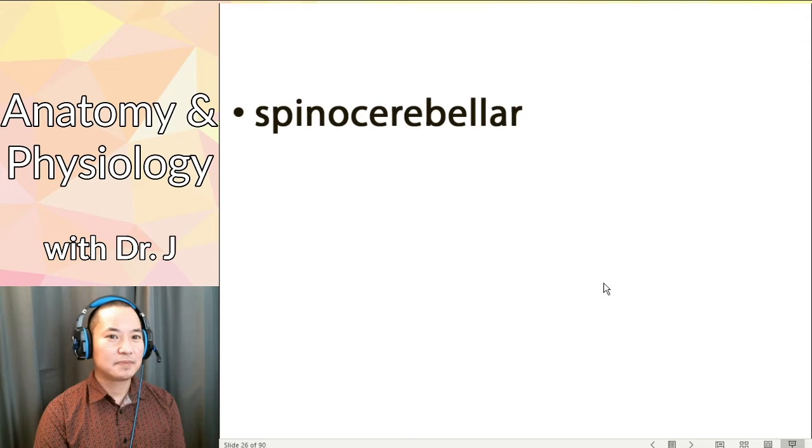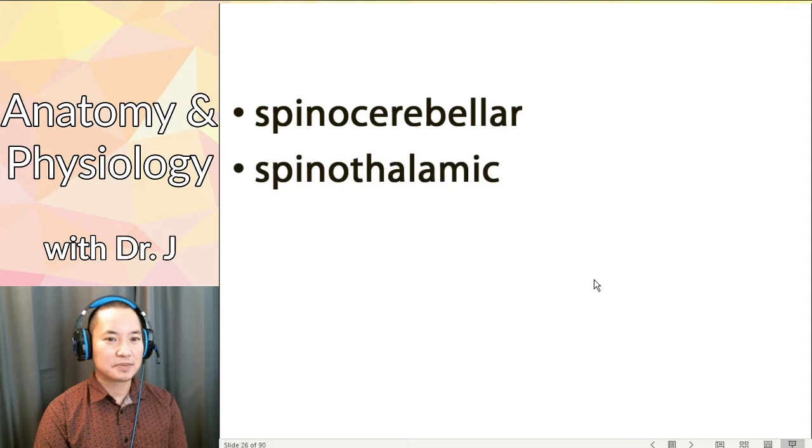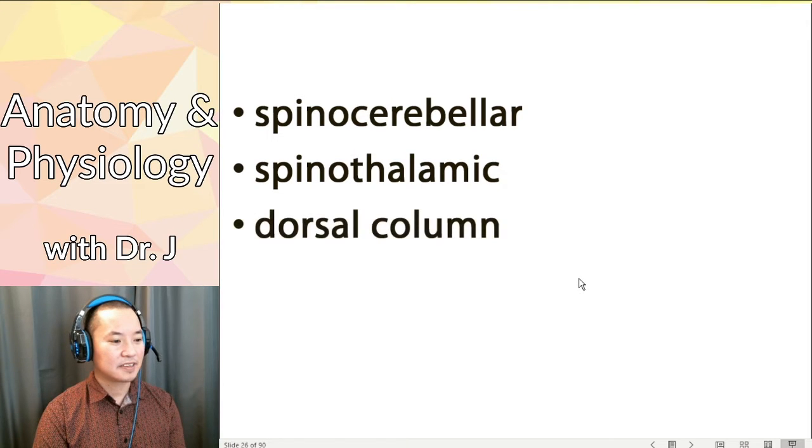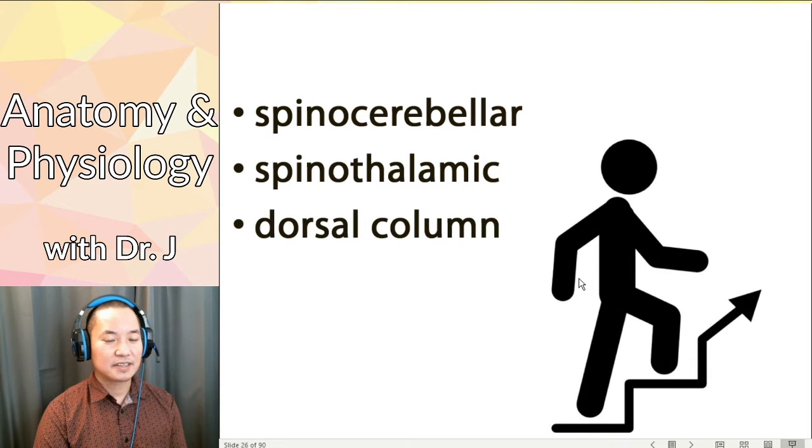Now, these are the three main pathways I want you to know in terms of sensory pathways: the spinal cerebellar, spinal thalamic, and the dorsal column. And what do you call it when someone's going up a staircase? Let's ask the chat. If someone goes up a staircase, do you call it ascending or descending?